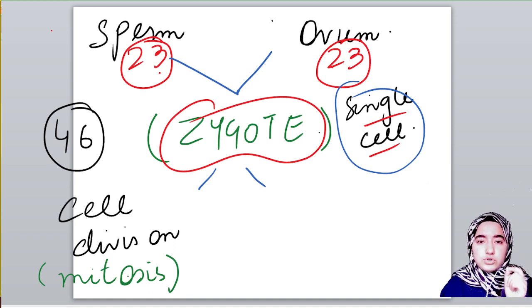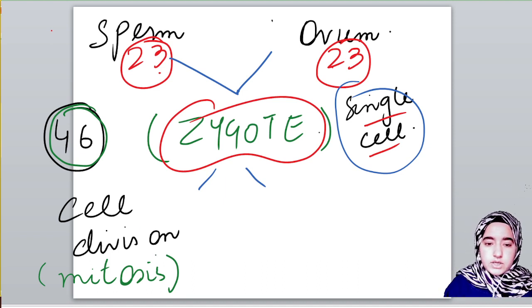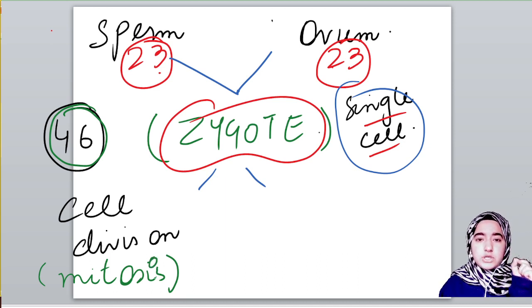When equational division takes place, if this structure bears 46 chromosomes, after mitosis the other cells forming inside our body through this structure will also contain 46 chromosomes. It won't get reduced, it won't form only 23 chromosomes. Please remember, the reduction which takes place during gamete formation is known as meiosis, the reductional division.